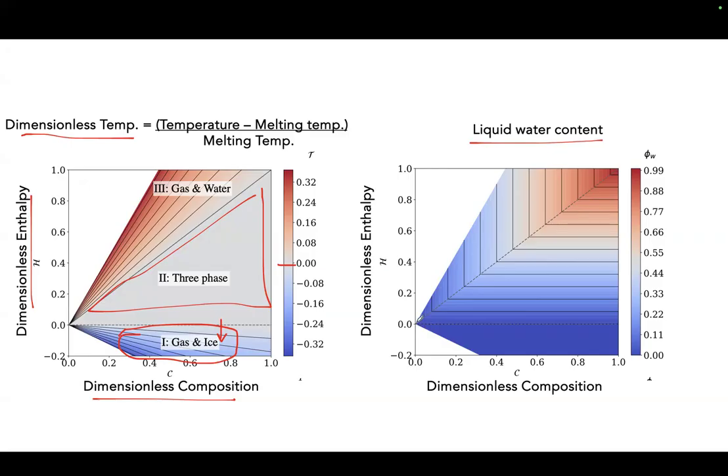In this case, for composition equals zero, it means all gas. So if you think about a box or a representative elemental volume, that REV, there is only air present. But if you increase the composition, now there is some water, and that water could be solid or liquid. But in this case, since the enthalpy is zero, we are only having solid water.